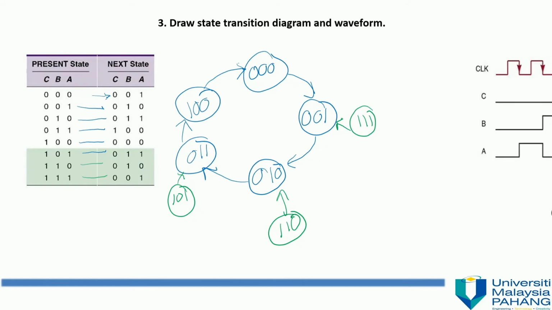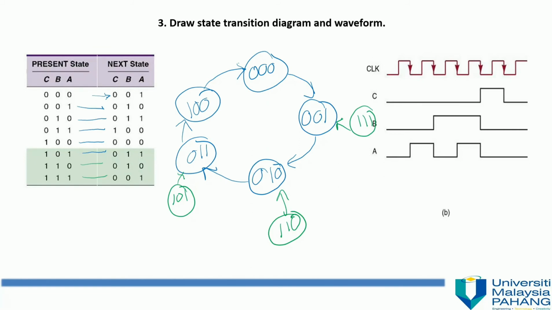After that, we want to draw the waveform. The initial value is 0, 0, 0, and we have the negative-edge-triggered flip-flop. By referring to the state diagram, when the present state is 0, 0, 0, at the next clock the counting sequence is 0, 0, 1.